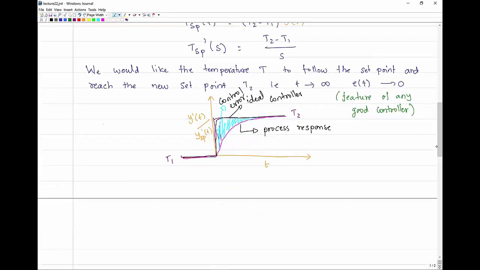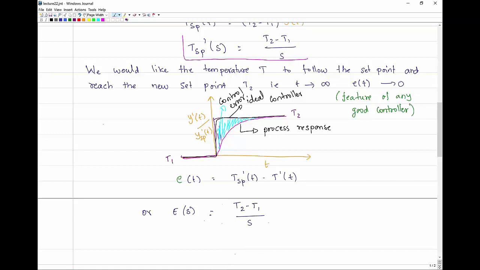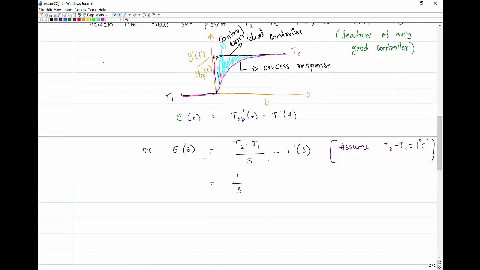Now we can use Laplace transforms and derive an expression for the Laplace transform of the control error. We know the Laplace transform of the set point, and therefore we substitute that here. And when it comes to the temperature itself, we have a transfer function typically for the process. We multiply that transfer function with the input to the process, which in the case of the heating tank example is Q prime.